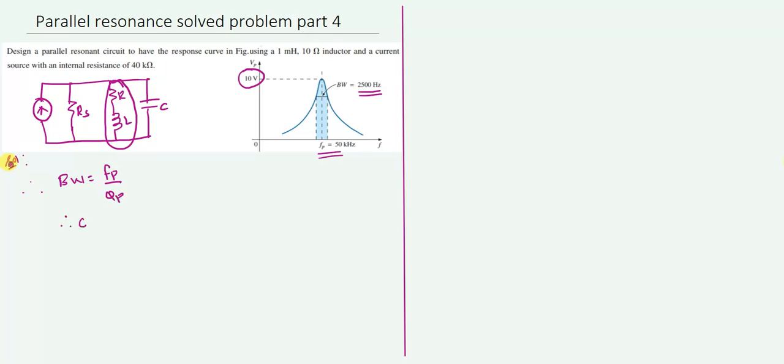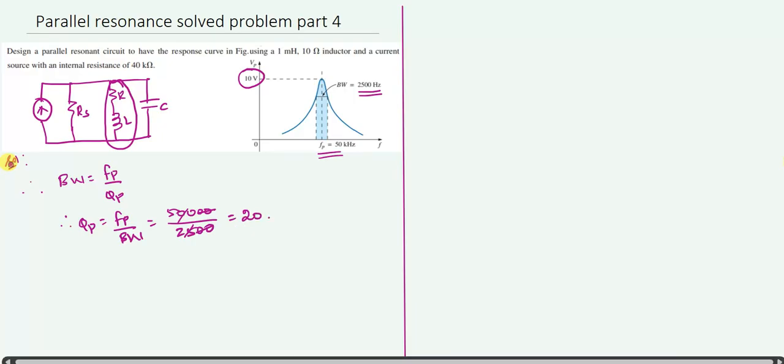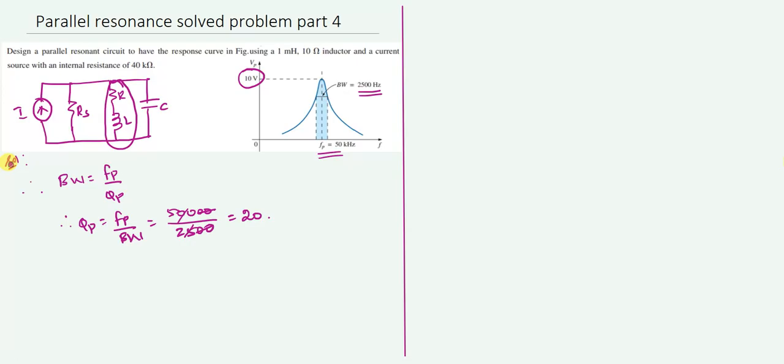Therefore Qp is equal to fp divided by bandwidth. Here it is 50,000 divided by my bandwidth of 2500. If I simplify this, it is equal to 20. Therefore the overall quality factor of this circuit is equal to 20.